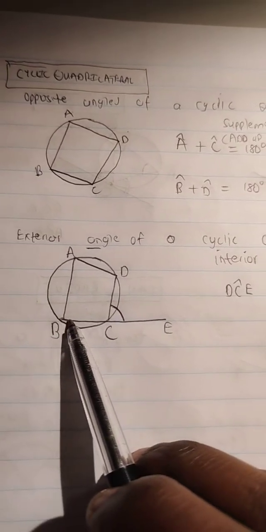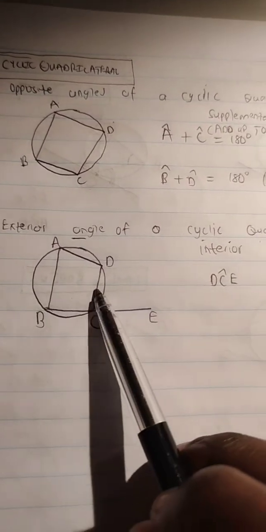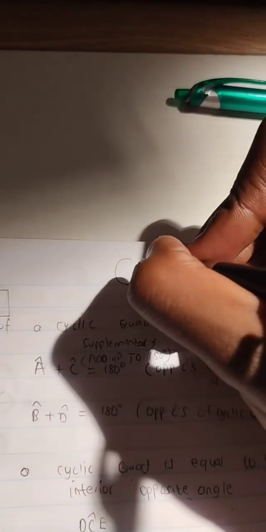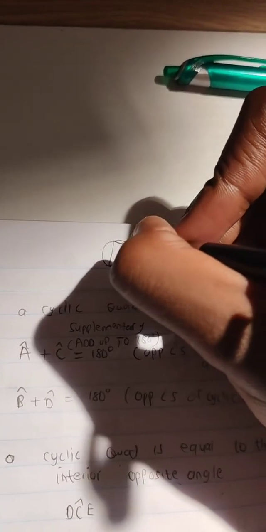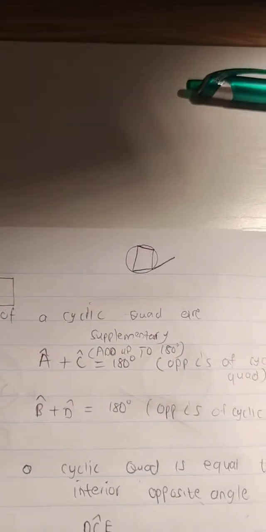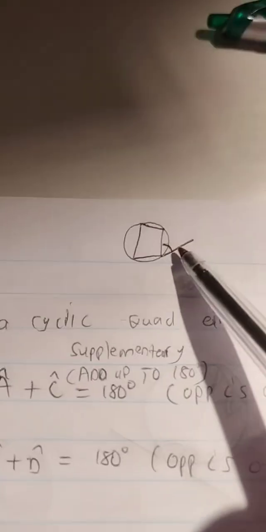Guys, the exterior angle must be in line with the side of the quadrilateral in order to qualify as the true exterior. So all in all, what I'm saying is that if you have a quad like this, and then you have an exterior that's like that, this is not a true exterior, because it is not in line with the side of the quadrilateral.